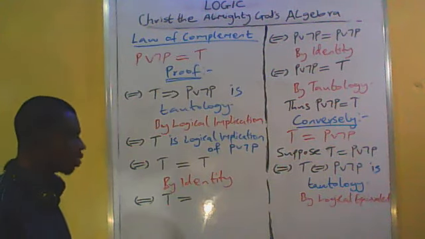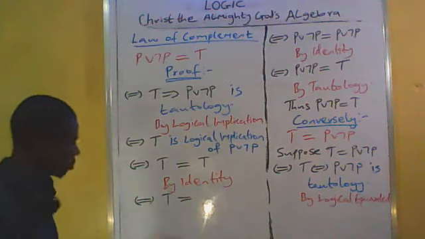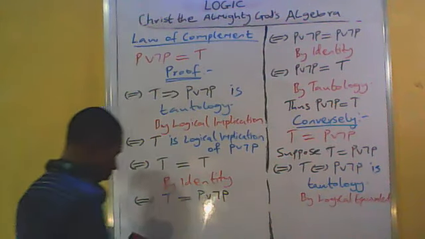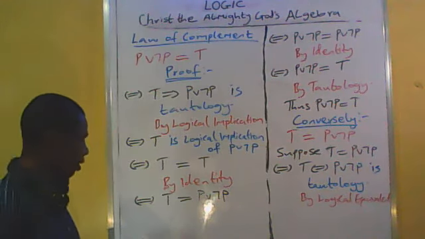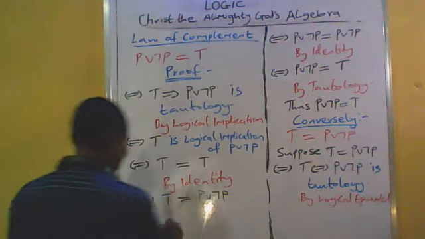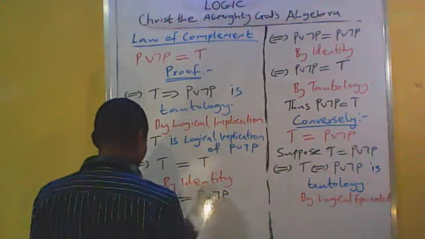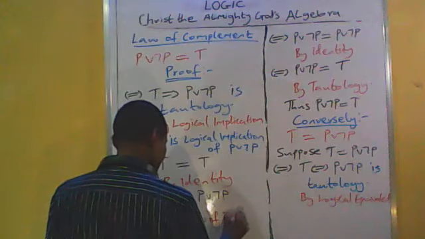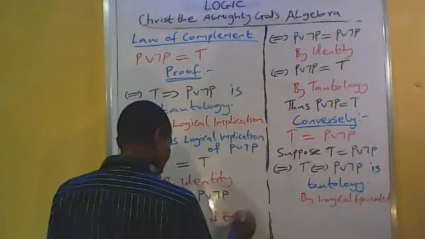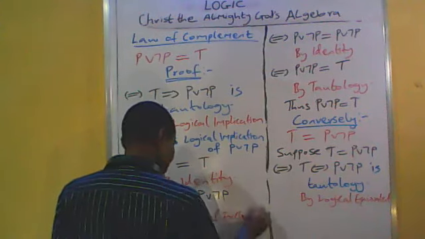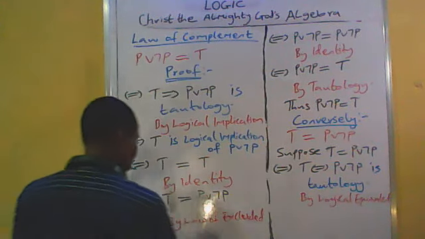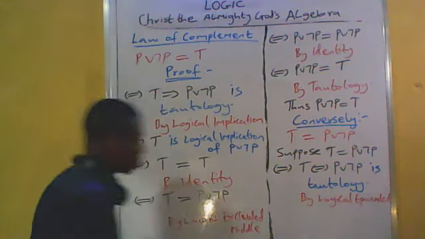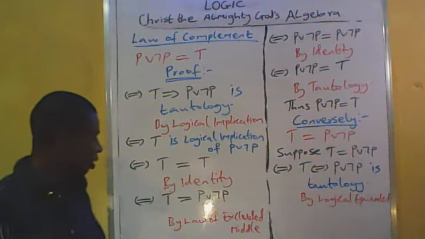So we say that T is equal to P or not P, being justified by the law of excluded middle.